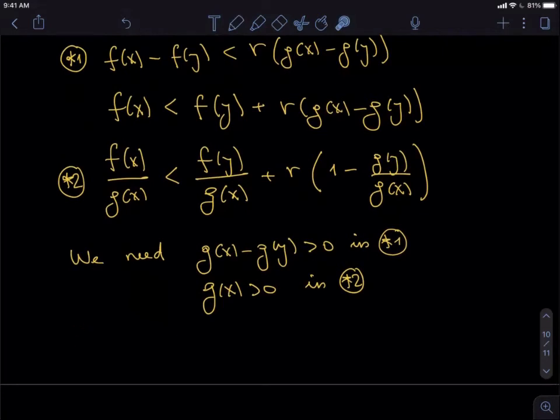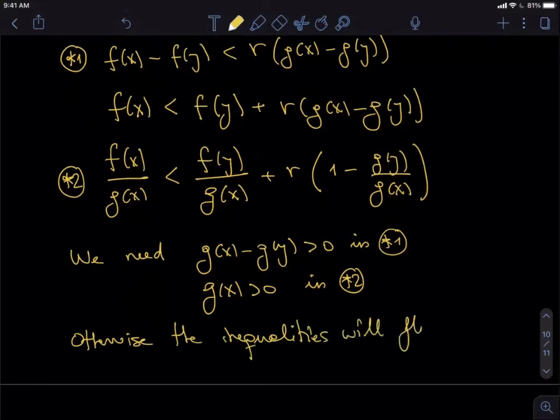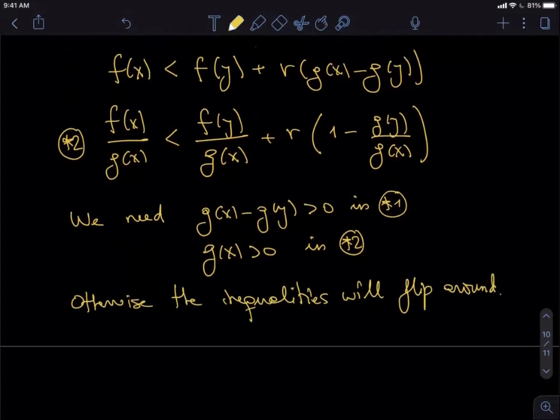Otherwise the inequalities will flip around. So we need to take care of that.